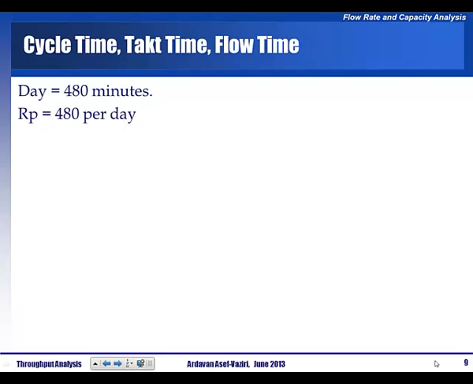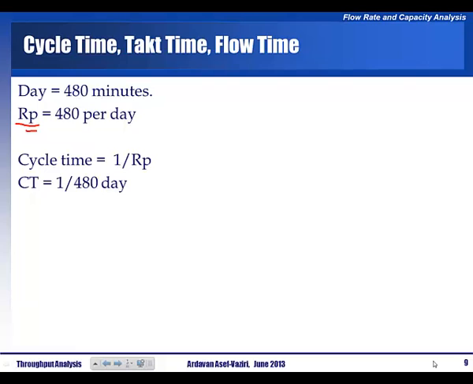That is our process capacity or Rp. Cycle time, in general, we say it is 1 over Rp, and therefore cycle time is 1 over 480 days, because in one day we produce 480 units.